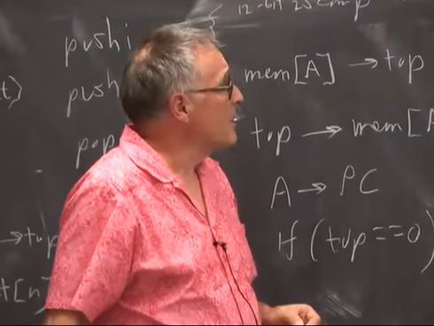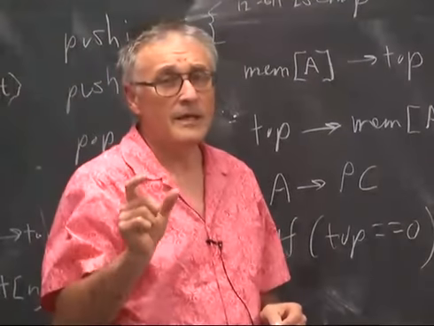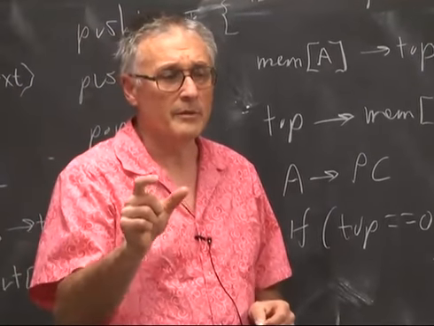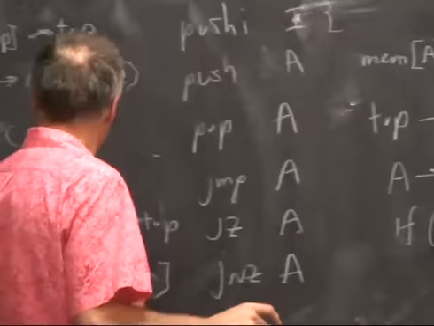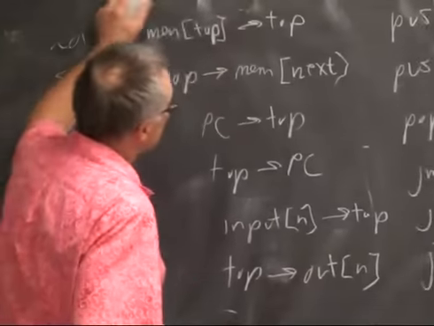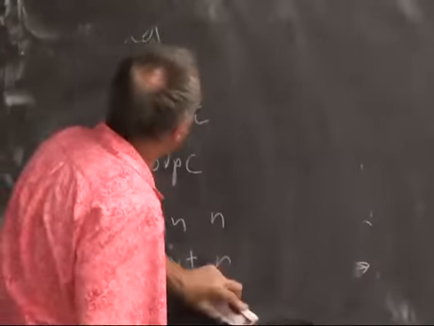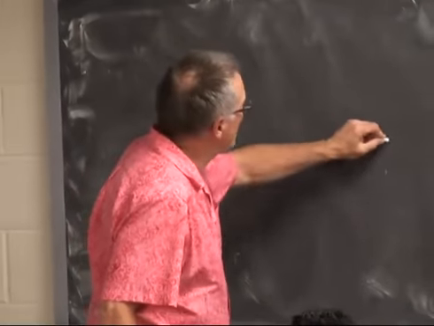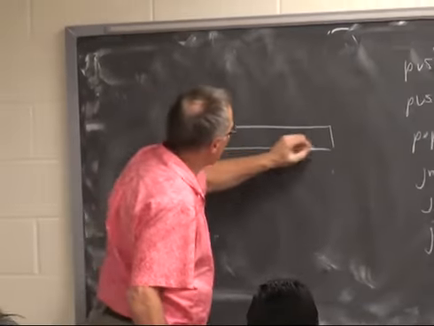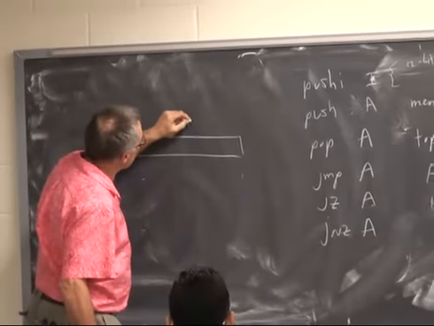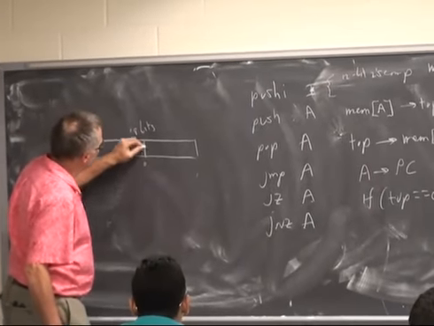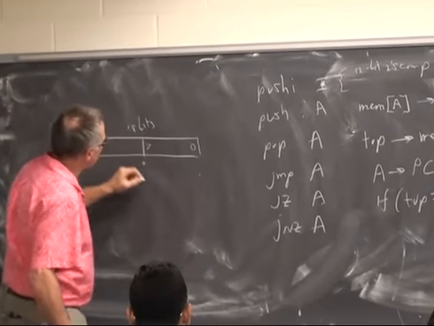10.8 here means that we're using 18-bit fixed point, 18-bit 2's complement fixed point. So 18 bits with the binary point after bit 7.